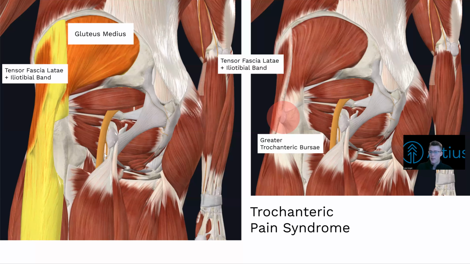The other thing that I commonly see as a misdiagnosis for sciatica is trochanteric bursitis or trochanteric pain syndrome. Take a look at the picture on the left here. I know there's a lot going on. This is the low back. This is the left butt cheek. Okay, so I've dissected the big glute muscle over here.